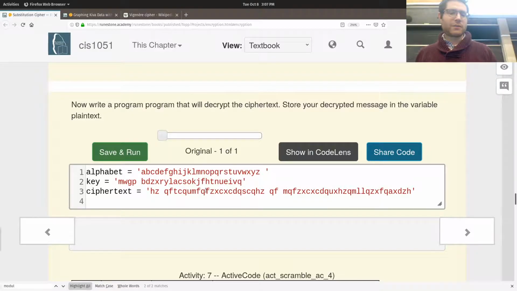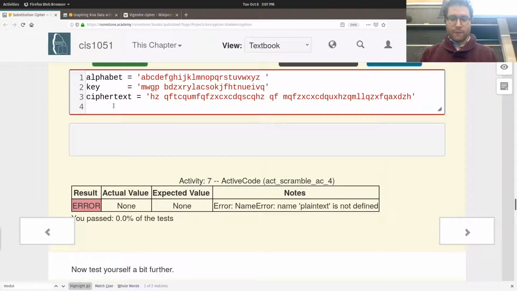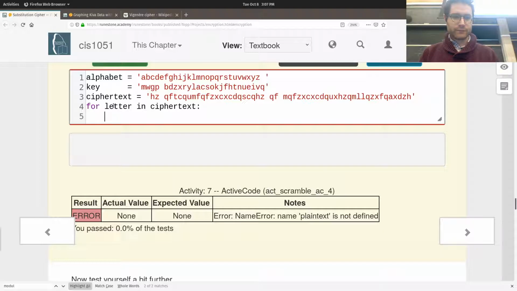If I wanted to decrypt a ciphertext, by the way, it works pretty much the exact same way, just in reverse. For letter in ciphertext, the index I want is equal to key.index, because we're going from the key to the alphabet now. Key.index of the letter.